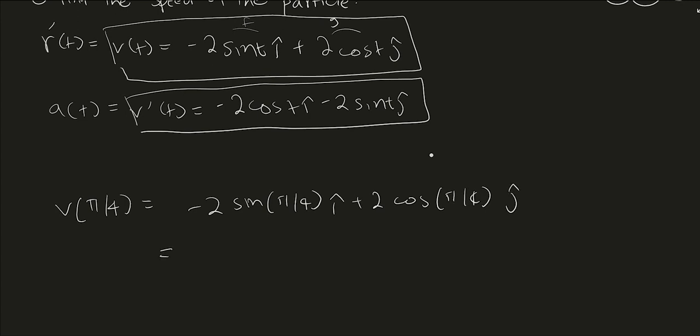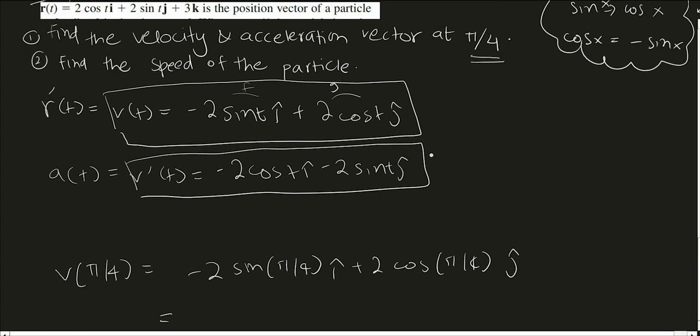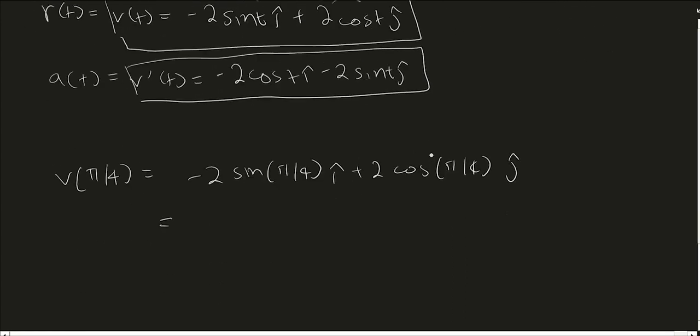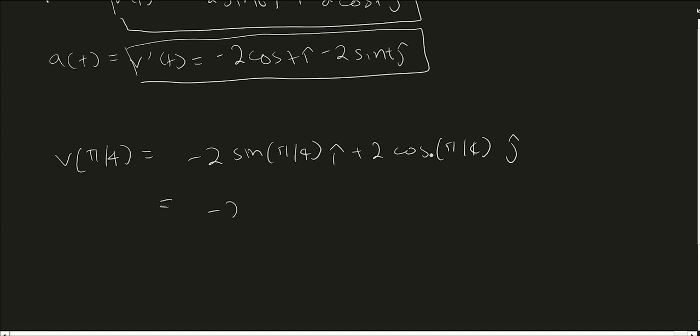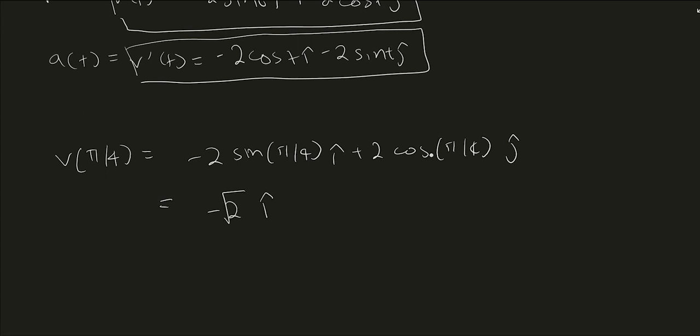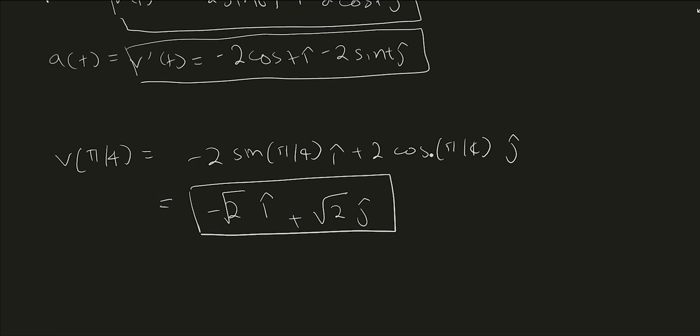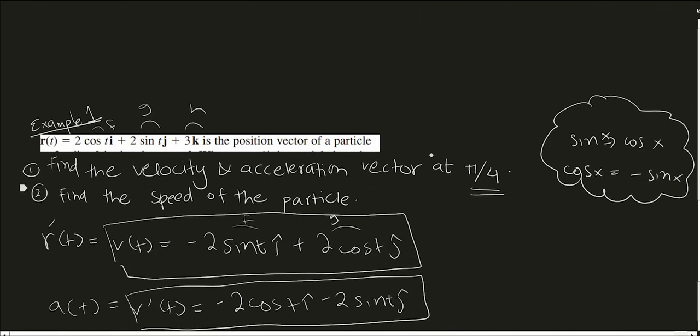If you plug this into your calculator, it should give you negative square root of 2 i hat plus square root of 2 j hat. So this is the answer for part A.